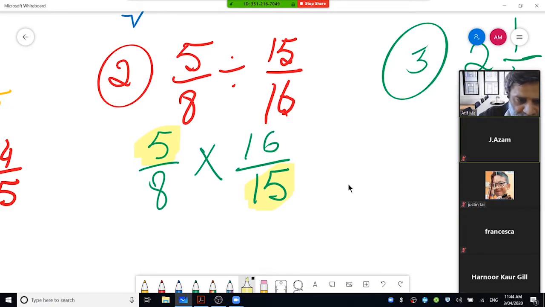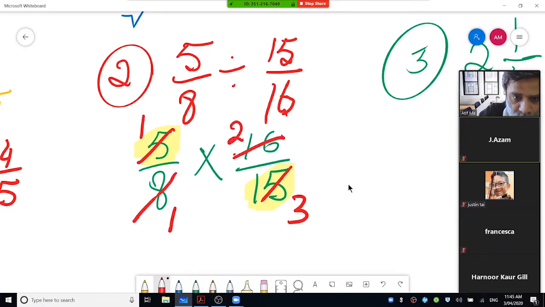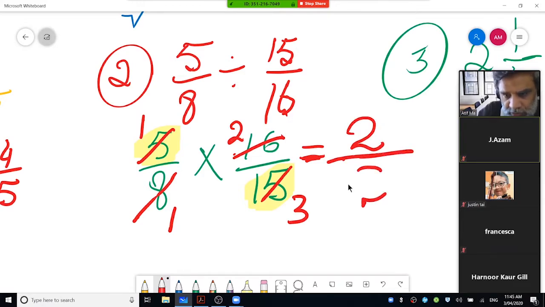So we would do a simplification. How? 5 times 1 and 5 times 3. We understand. And we also see that we can simplify 16 and 8. So 8 times 1 and this is 2. Therefore 1 times 2 is in the numerator and in the denominator 1 times 3. So it becomes 2 over 3.